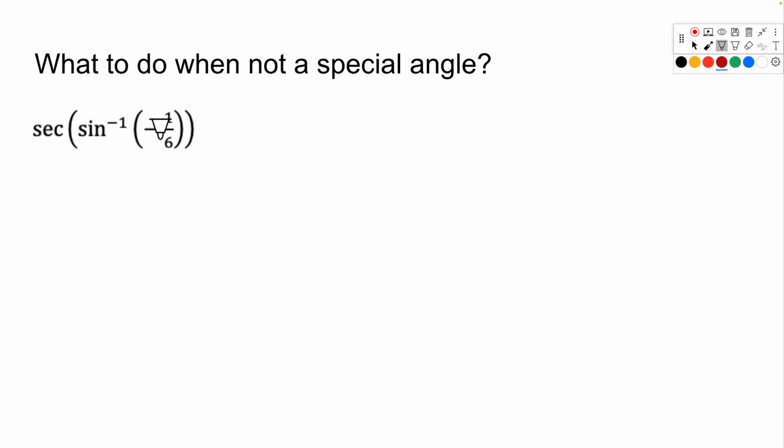So we use the inner side. We're going to just really focus on this part. This is telling us that this is the angle that goes with a sine that has an answer of negative 1/6. Negative 1/6 is a sine, so that is a y-coordinate somewhere on a circle.